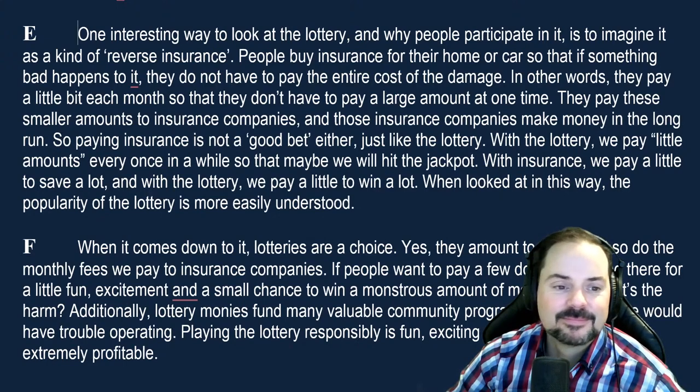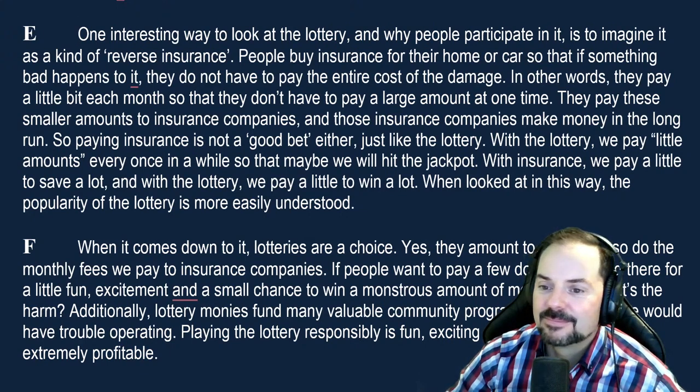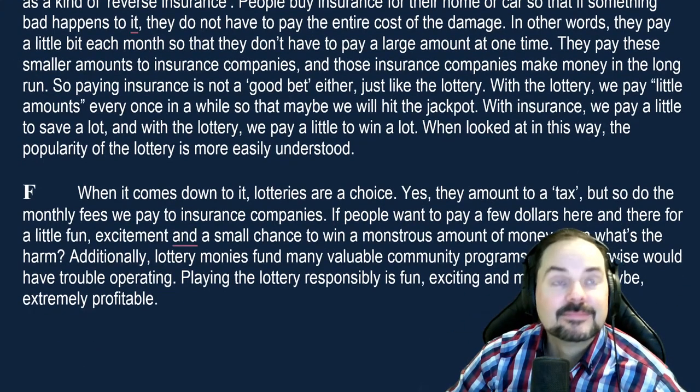In other words, they pay a little bit each month so that they don't have to pay a large amount at one time. They pay these small amounts to insurance companies, and those insurance companies make money in the long run. So paying insurance is not a good bet either.